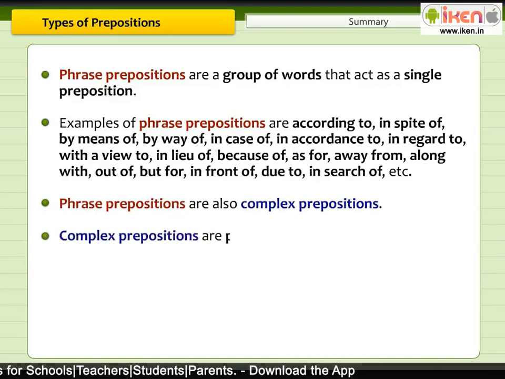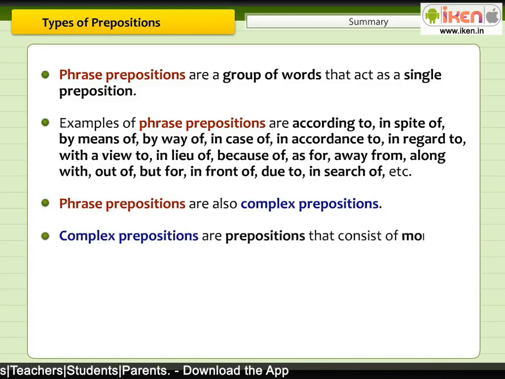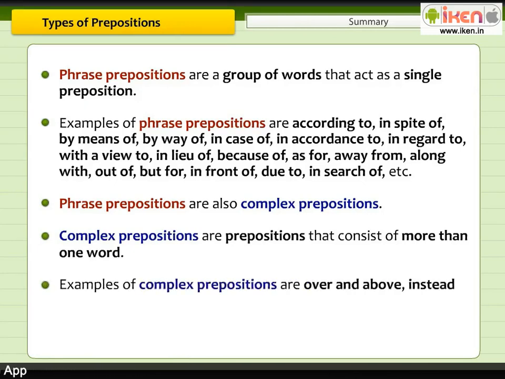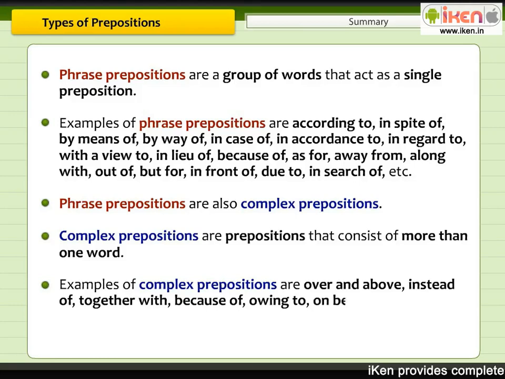Complex prepositions are prepositions that consist of more than one word. Examples of complex prepositions are over and above, instead of, together with, because of, owing to, on behalf of, etc.